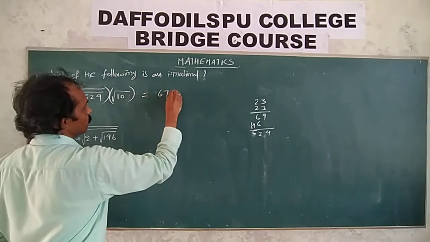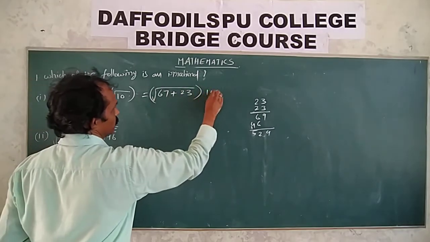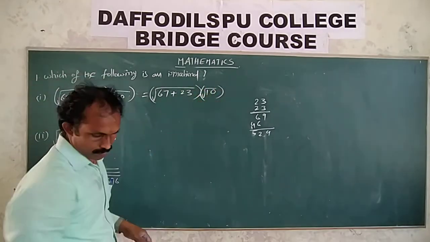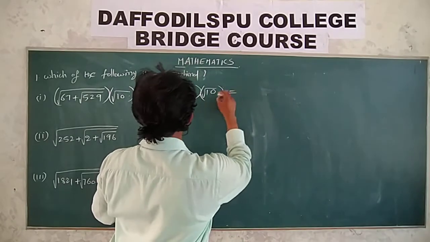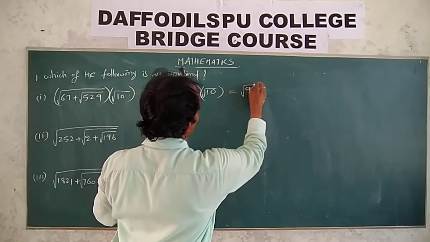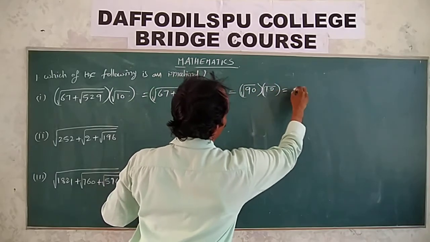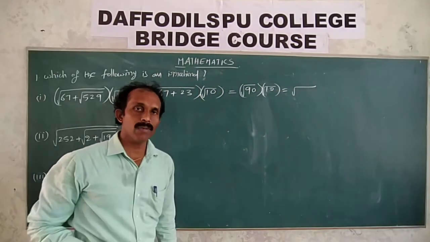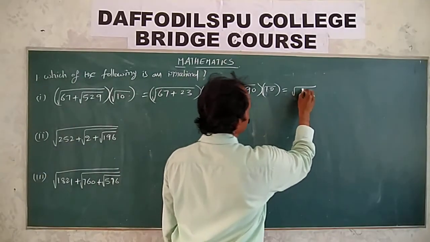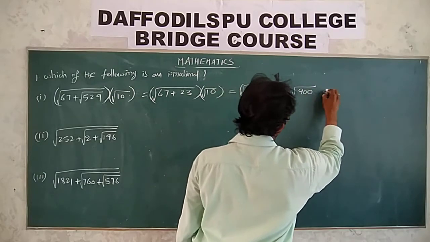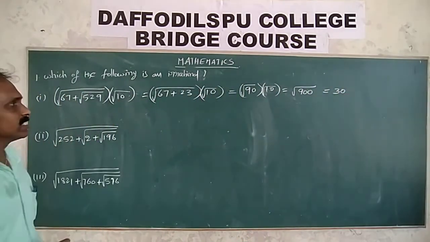Therefore, 67 plus 23, and the square root, times root 10. So this value is equal to root 90 into root 10. So this is root of AB. Root of AB means that value is equal to 900. So therefore that is 30.